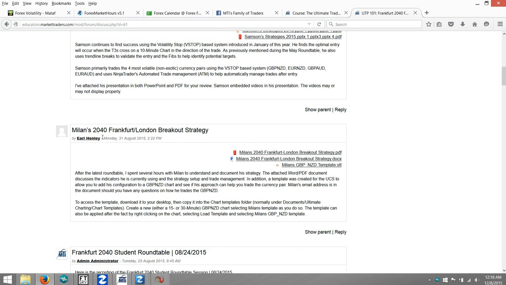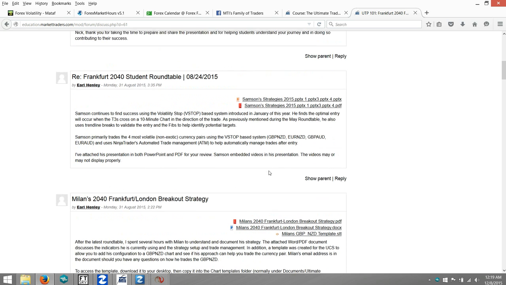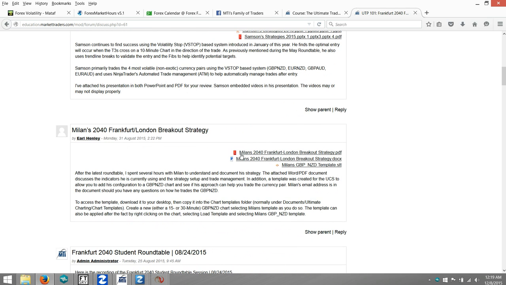And then here's Milan's 2040 Frankfurt London breakout strategy. And we all have a different trading style when trading the 2040 strategy. Here's Milan's 2040 Frankfurt breakout strategy and a PDF, and this looks like a Word document.